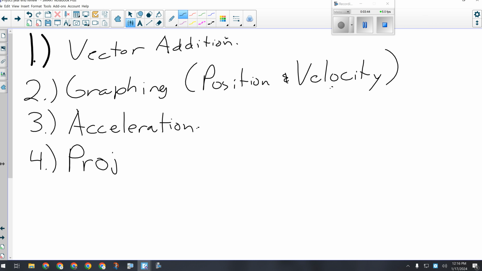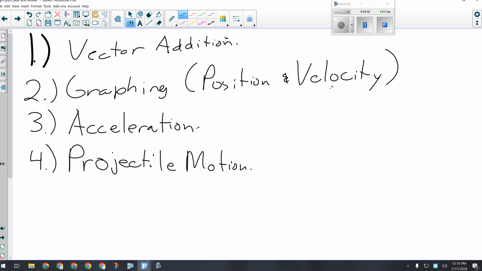Projectile motion. Okay, I would say those are the biggest things in that unit. If I was going to study stuff from Unit 1, those would be the 4 things I would spend time on.